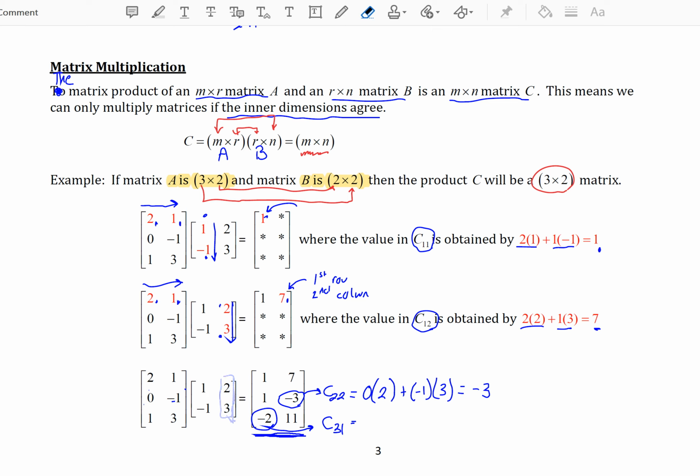So to verify how this entry is obtained, we'll take the third row of A times the values in the first column of B. So it would be 1 times 1 plus 3 times -1, which should be 1 minus 3, or -2.